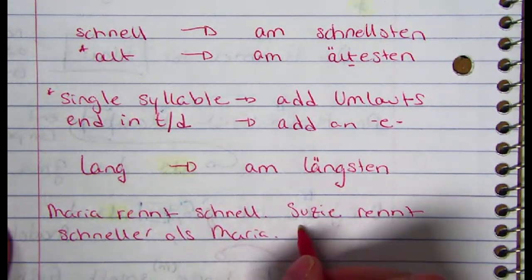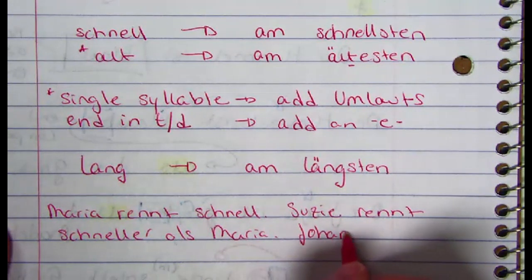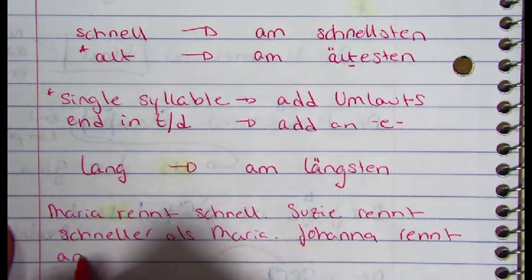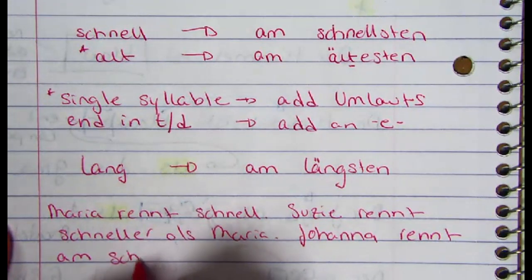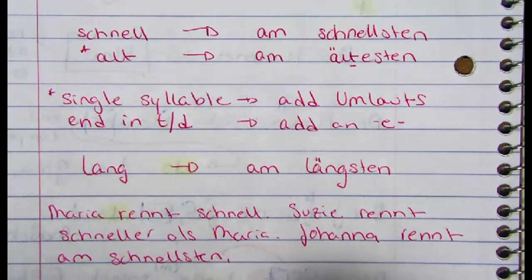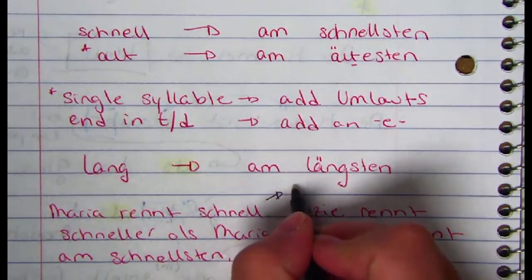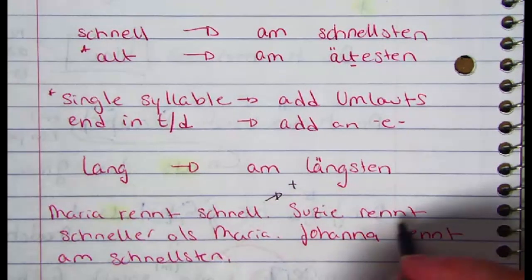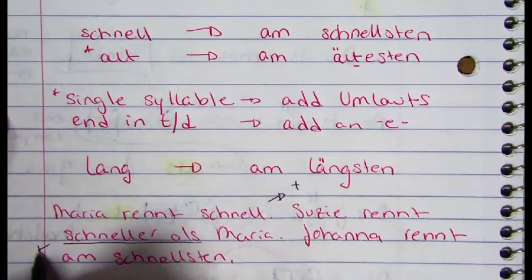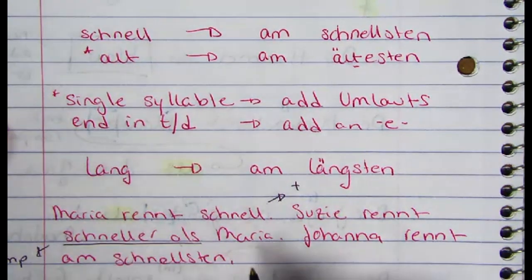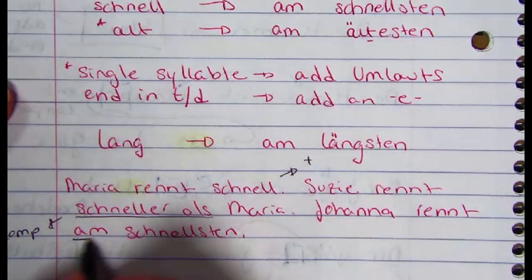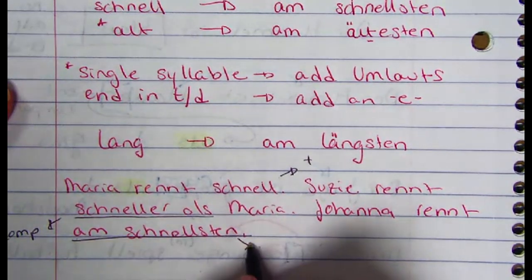And then Johanna, good German names, rennt am schnellsten. So we've got what's called our positive form, so just the regular adjective. We've got schneller als, which was your comparative form. And then we have am schnellsten, which is your superlative form.